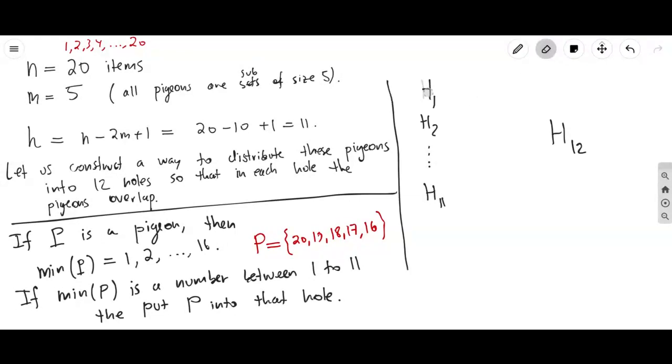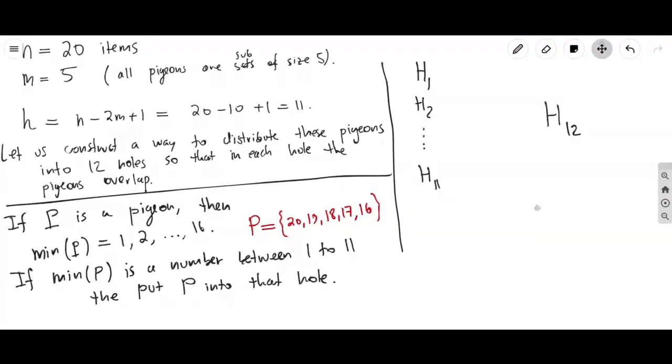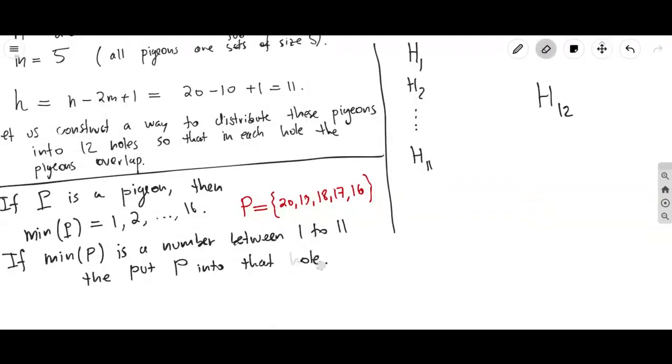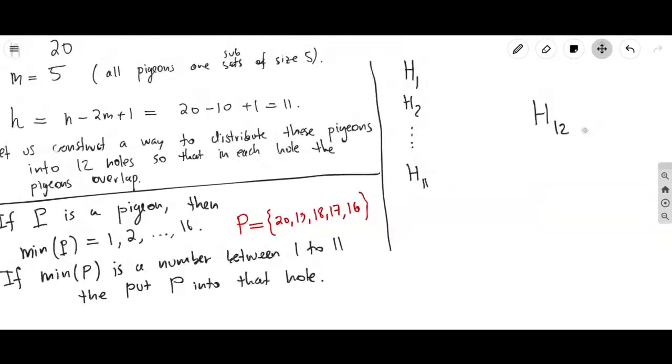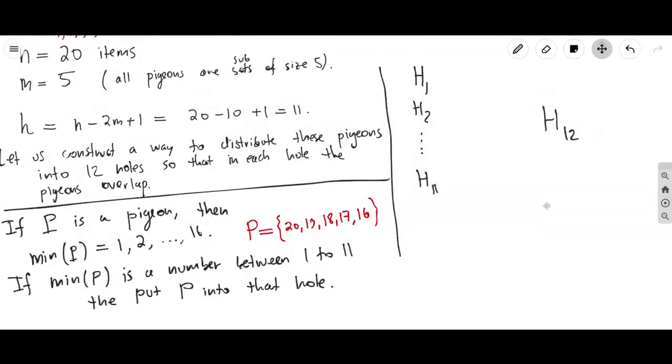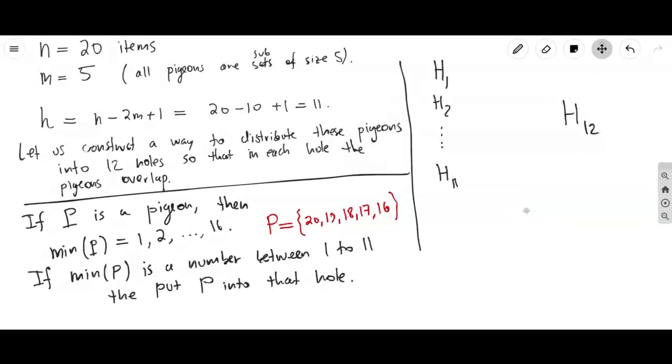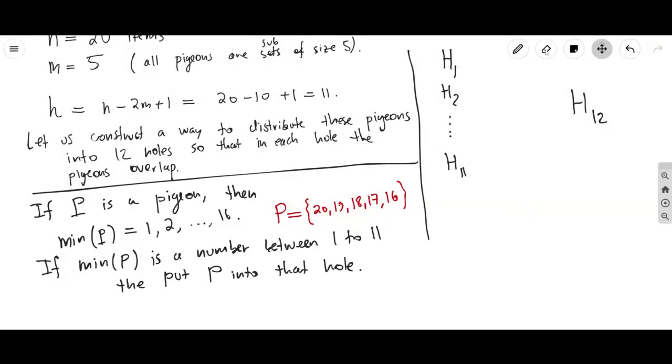So these are the 11 holes. You calculate the minimum for P, and then you would just put P into that hole that you have.